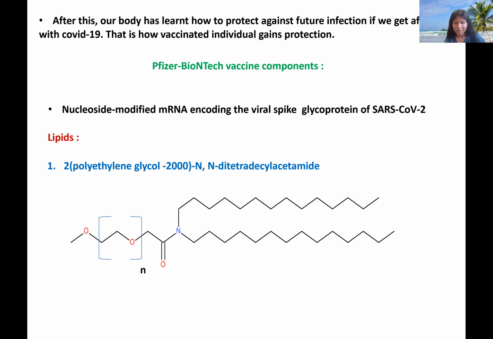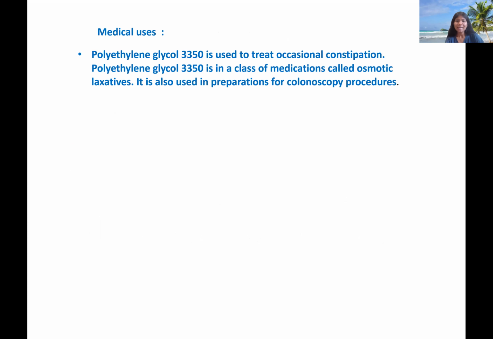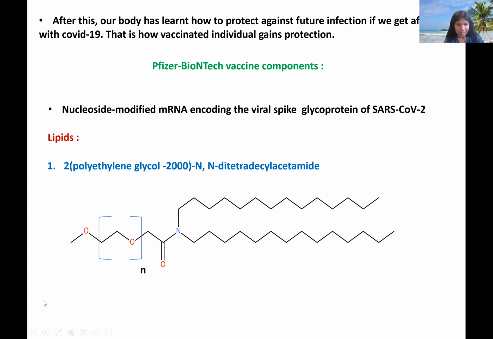So what is the medical use of PEG? PEG 3350 is not exactly the same thing. As I have said, here this number is 2000, which is used in our vaccine, but the medical use I am talking about is where this N is 3350.